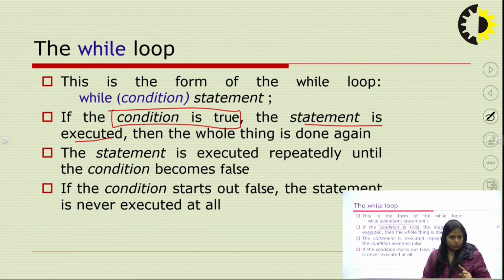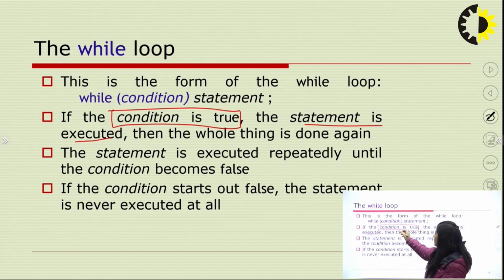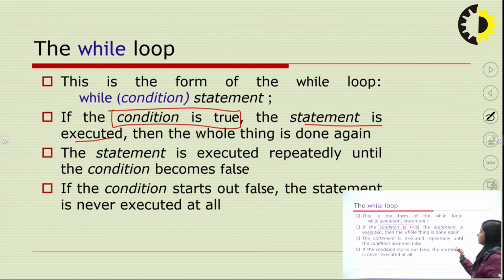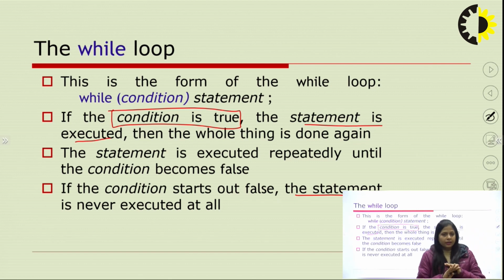If the condition is not true, this loop will not allow you to take entry into the code block. So the condition has to be true. If the condition is true, the statement is executed, then the whole thing is done again. The statement is executed repeatedly until the condition becomes false. If the condition is false at the start, the statement is never executed at all.